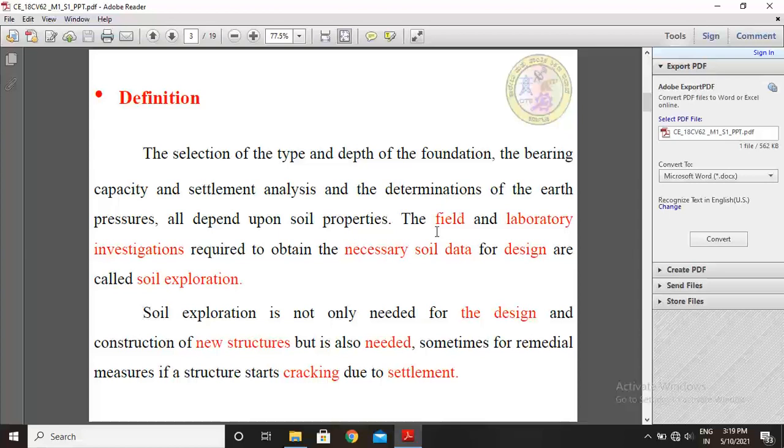The field and laboratory investigations required to obtain the necessary soil data for design are called soil exploration. Soil exploration is not only needed for the design and construction of new structures, but is also needed sometimes for remedial measures if a structure starts cracking due to settlement.